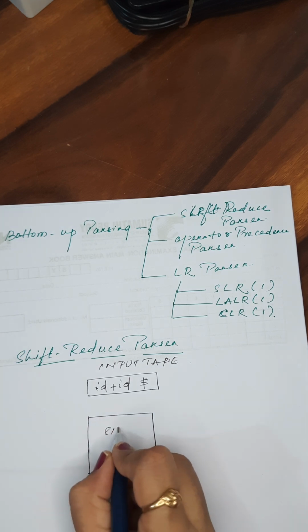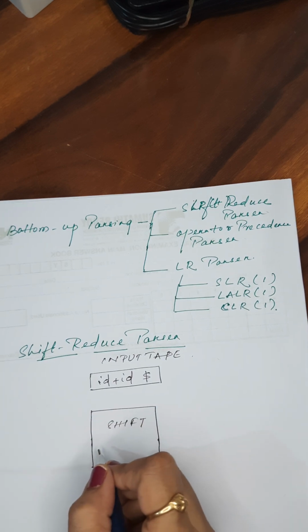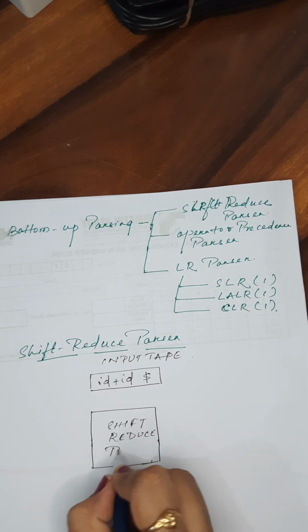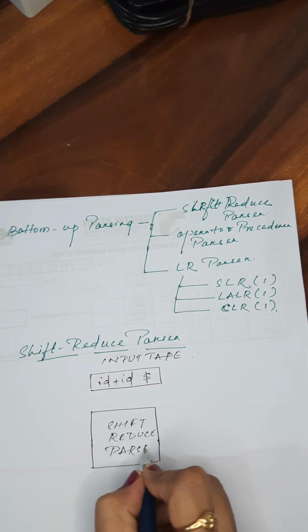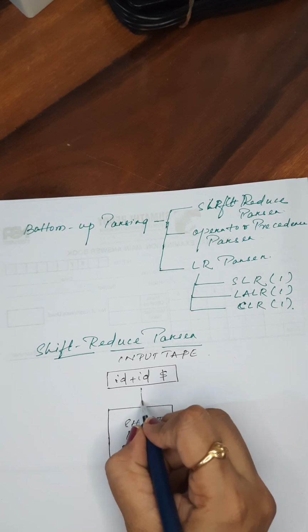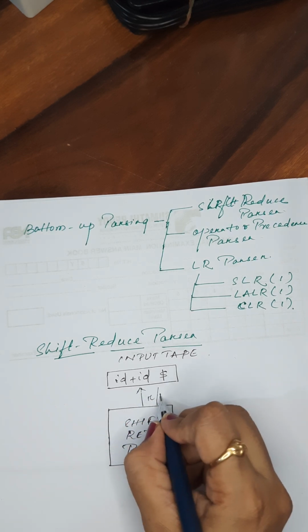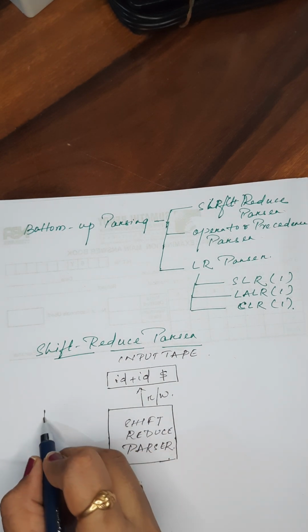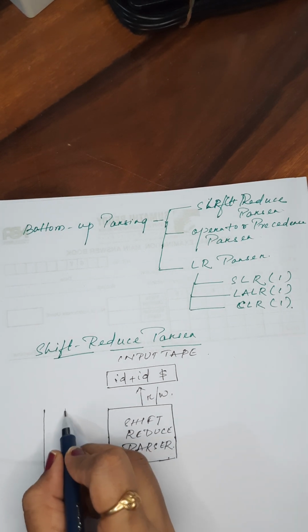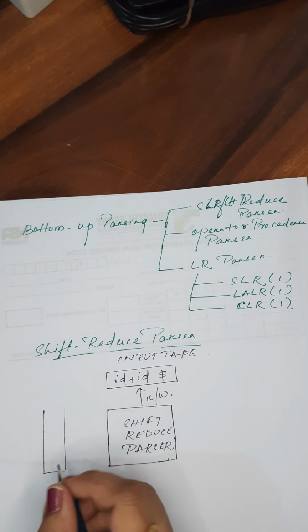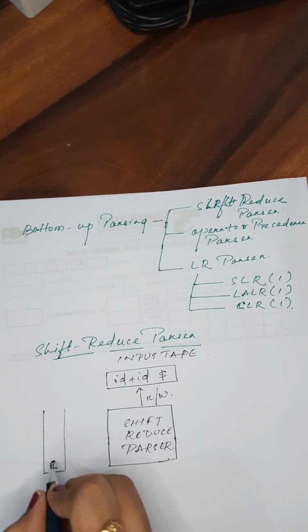This is your shift reduce parser. This will operate two ways, that is read and write, or both. Then it is connected with the stack, and on the stack top dollar will be there.